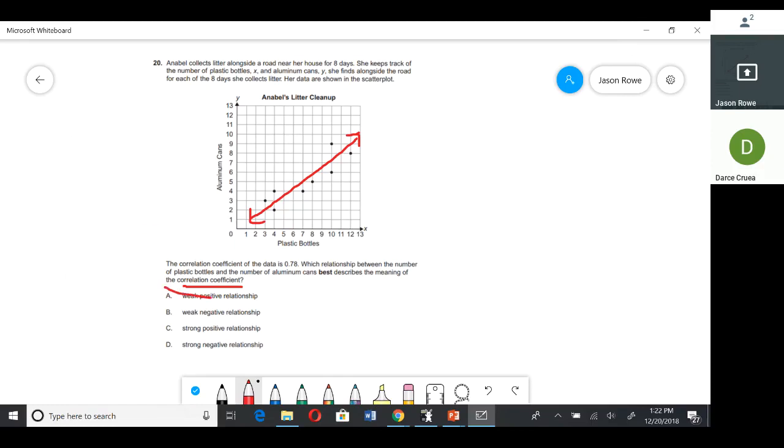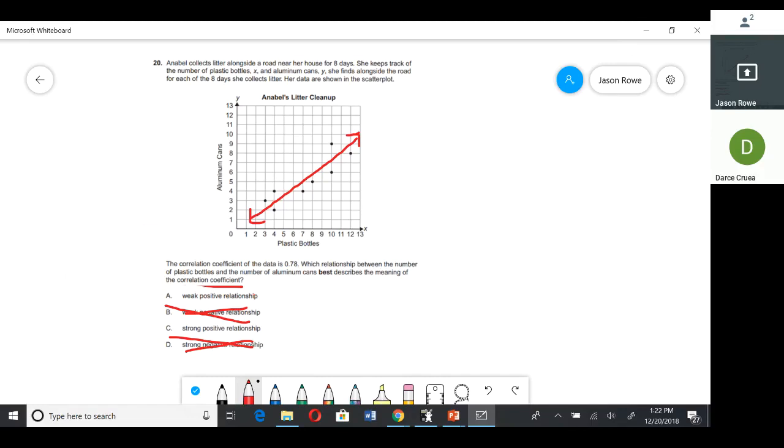So I want to cancel out anything that has anything to do with negatives. So those are gone. Wait a minute. I should have canceled out B and D, and that one. And so now we've got a choice between a weak positive relationship and a strong positive relationship.